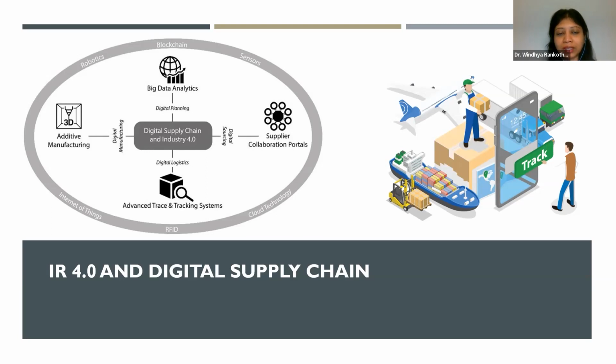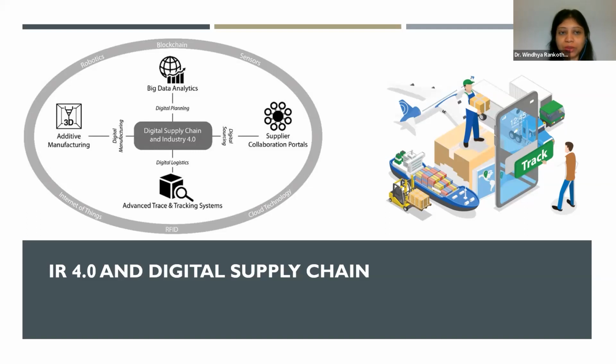We are using machine learning and artificial intelligence to predict demand and supply, and to make supply and demand more balanced. At the same time, we are using sensors and IoT to make the products and the manufacturing process more effective. Robotics is also involved.